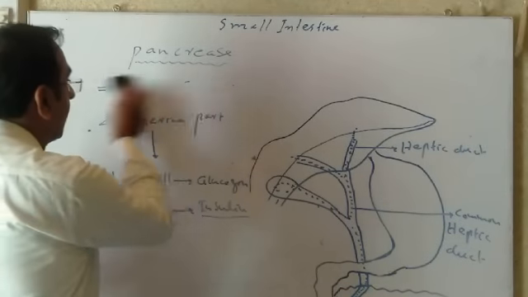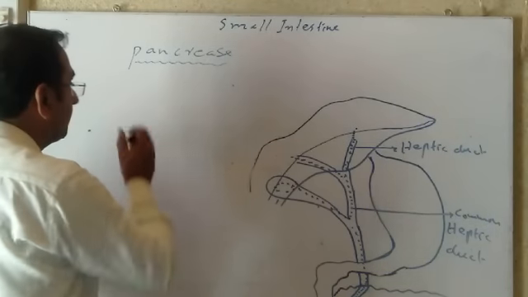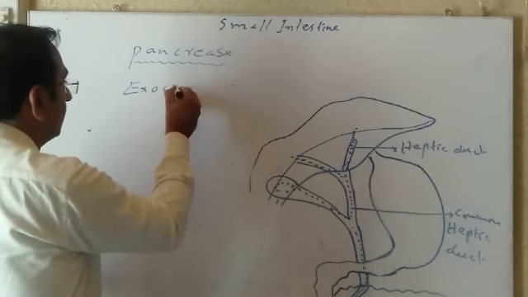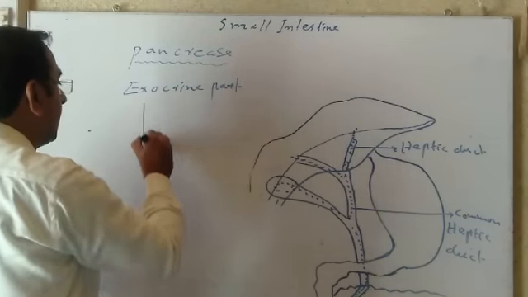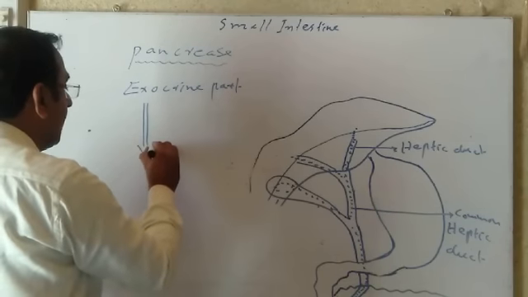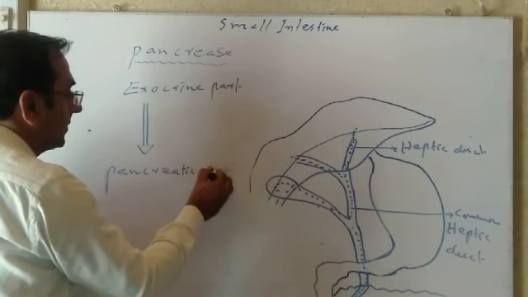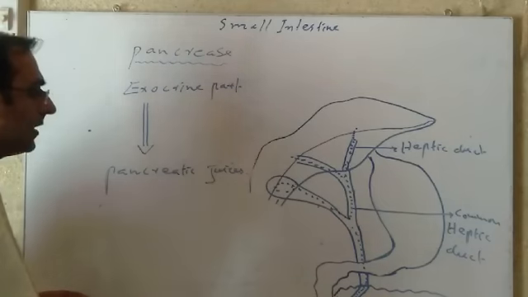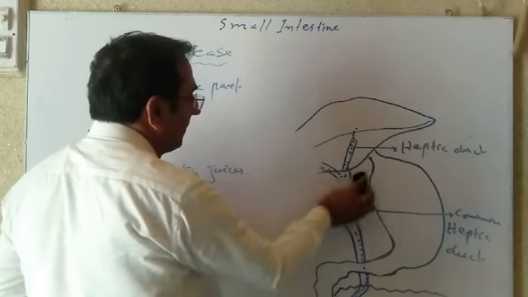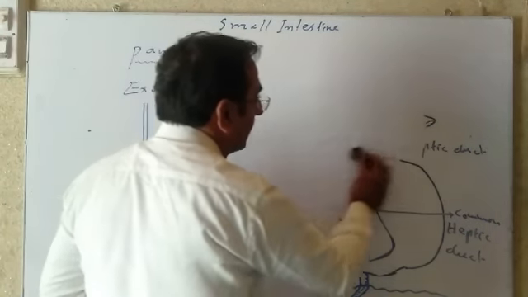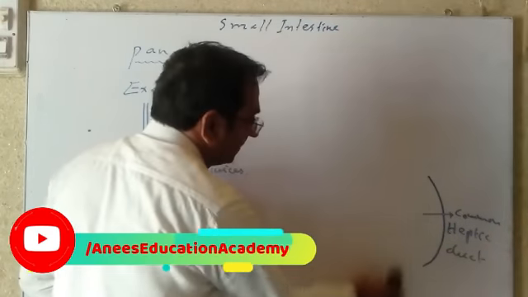Then the next part of the pancreas, known as the exocrine part, produces pancreatic juices. These pancreatic juices are produced by the pancreas in response to the acidic nature of chyme when it enters the duodenum.